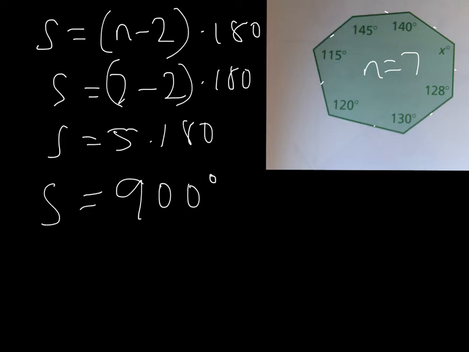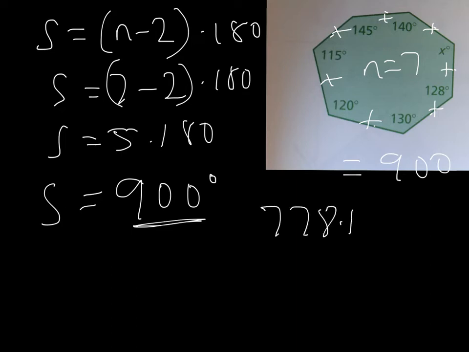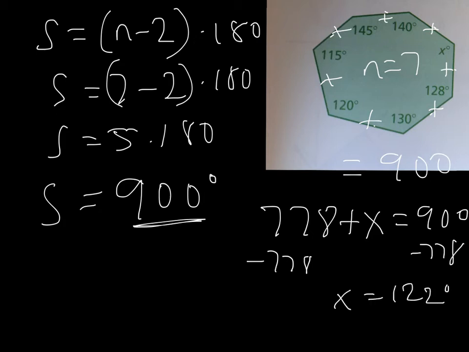So now you set up an equation and you add all of these together, right? You add all of those and you set them equal to 900, because that's what the sum of them has to be. So when you add all of them together, you get 778 plus x equals 900. Subtract 778 from both sides, and you get x equals 122 degrees. So the value of x is 122.